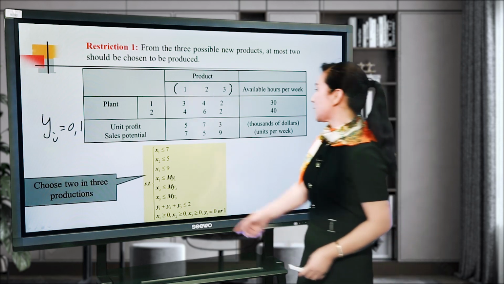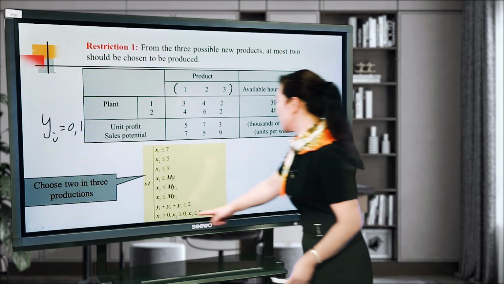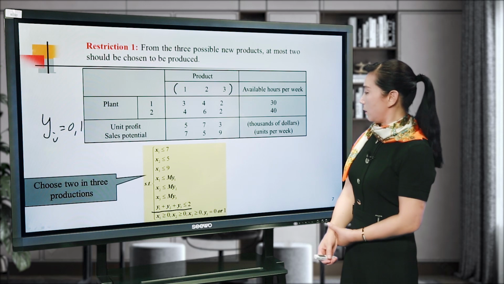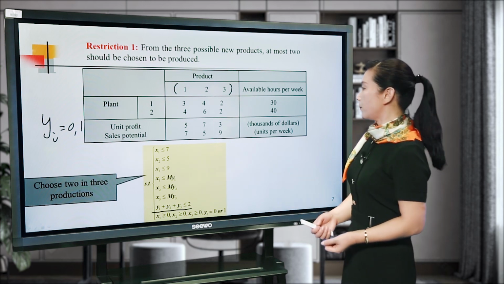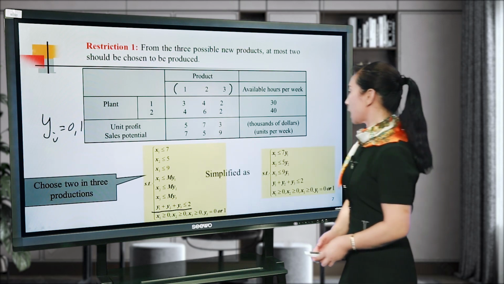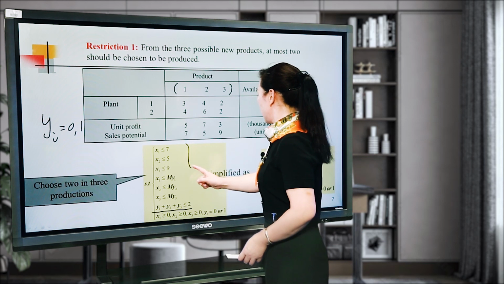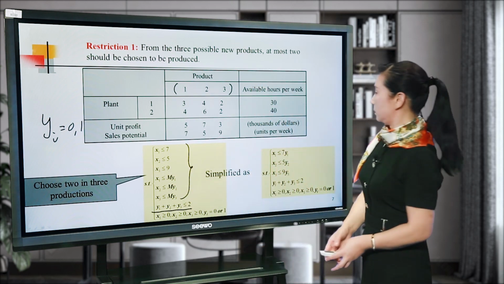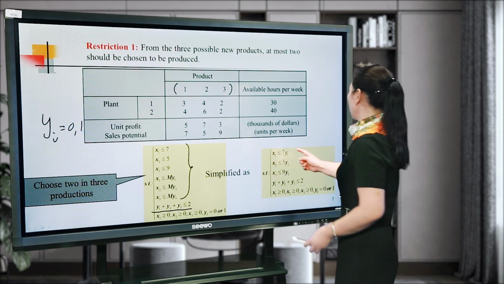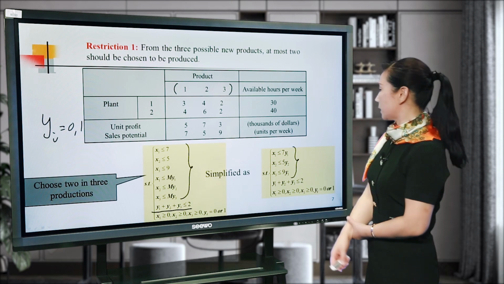So we express the content as this, and we notice this inequality expresses that only 2 of 3 products are produced, and we simplified this content to these 3 inequalities.